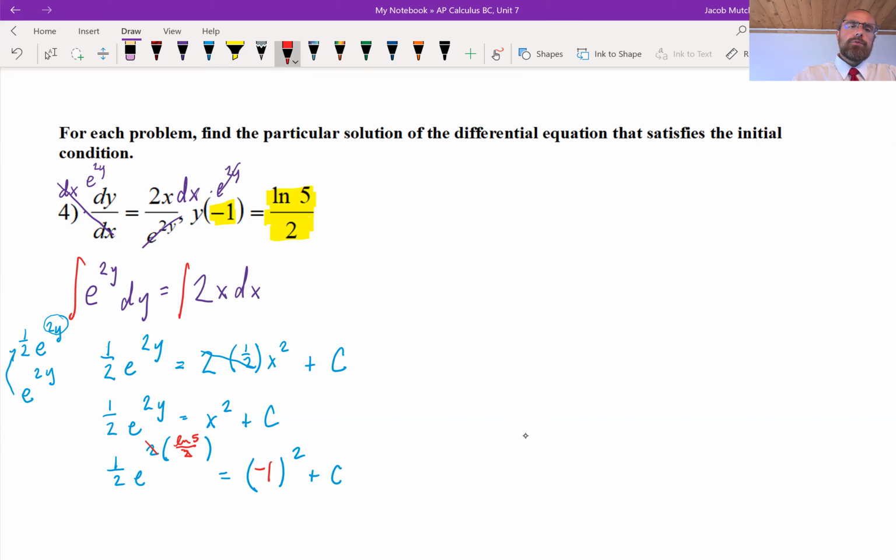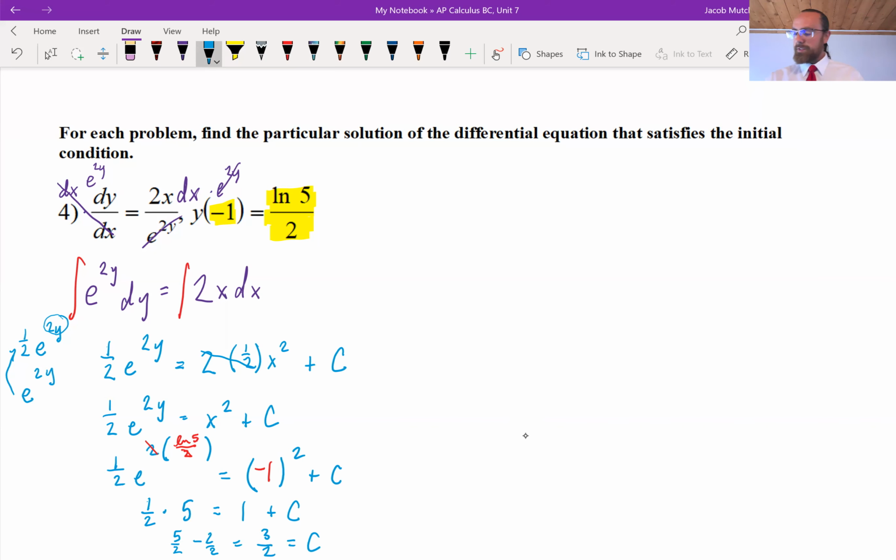So this is going to reduce down to 1/2 times 5. And then -1 squared is going to be +1 plus c. On the left here, we're going to have 5 over 2. And if I subtract 1 as 2 over 2, I see that the value of c is 3/2.